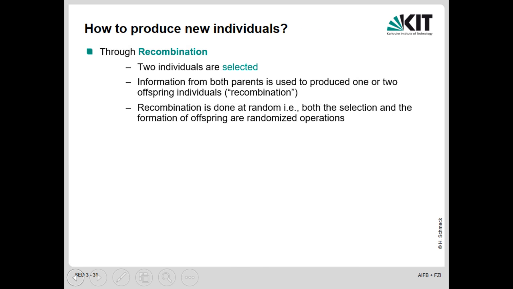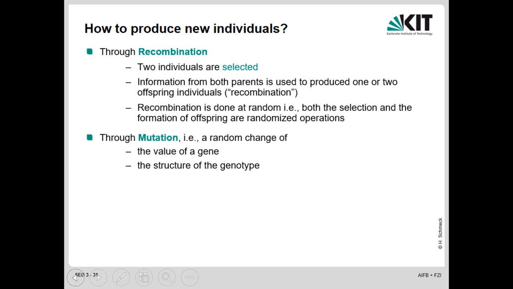Then the question is, how do we generate new individuals? We can do that by using recombination. We have 2 individuals, and we would like to combine the information from two parents and recombine that into one or two children.